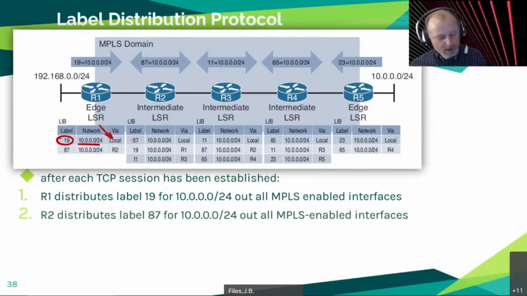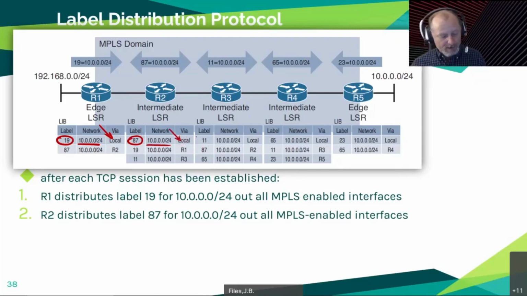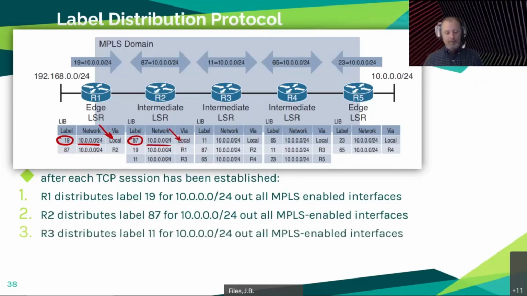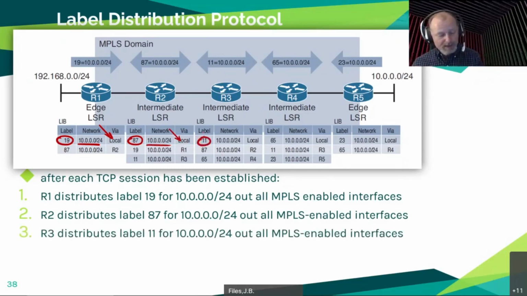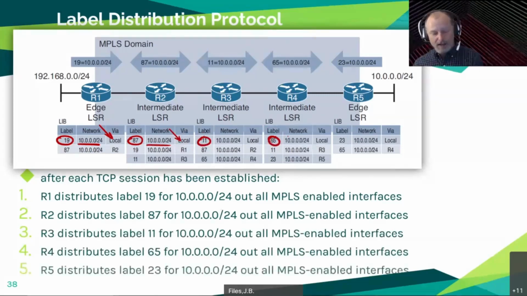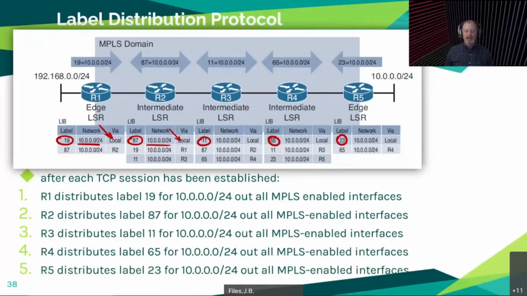R2 picked 87 for the 10 dot network. R3 picked 11. R4 picked 65. R5 picked 23 for the 10 dot network.